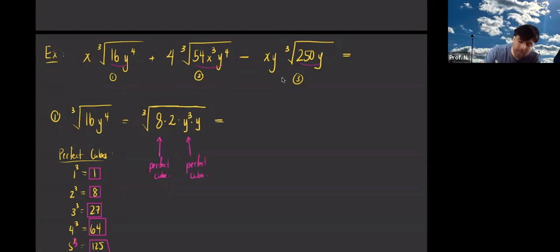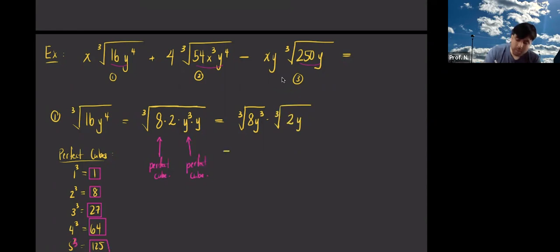So I'm going to do the same exact thing with the radicals. I'm going to put all the expressions that are perfect cubes on one, and I can separate them through multiplication. So I can do 8 times y cubed underneath the radical, and the remaining expression, 2y, I can just leave in the other radical.